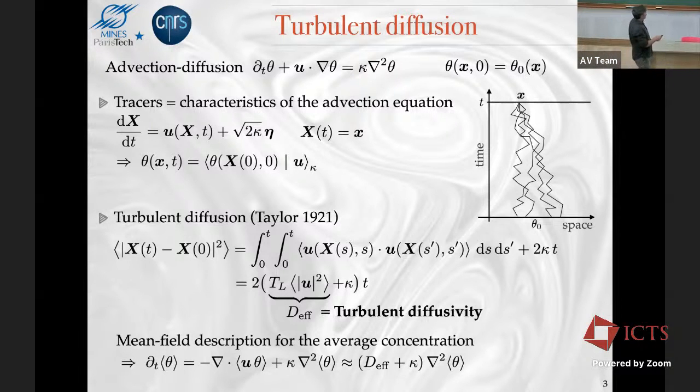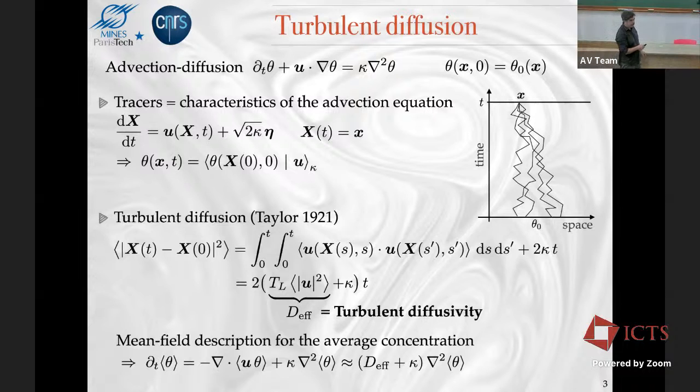You can interpret this equation as a Fokker-Planck equation, if you want, associated to the following dynamics. Assume that you are taking tracers. Tracers are just advected by the flow, so they are just a solution to this equation, to which you are adding some noise with a variance which is 2 kappa.